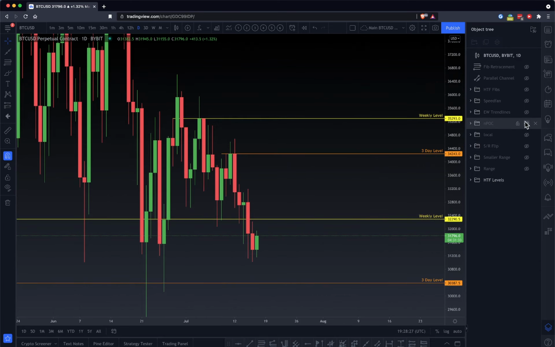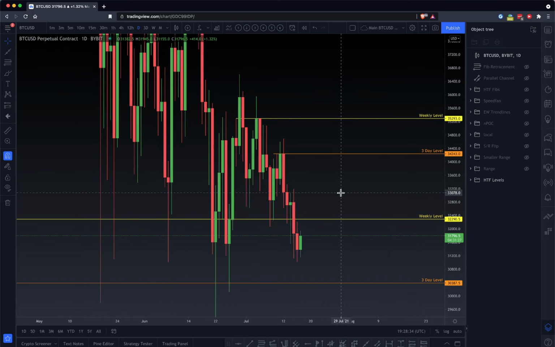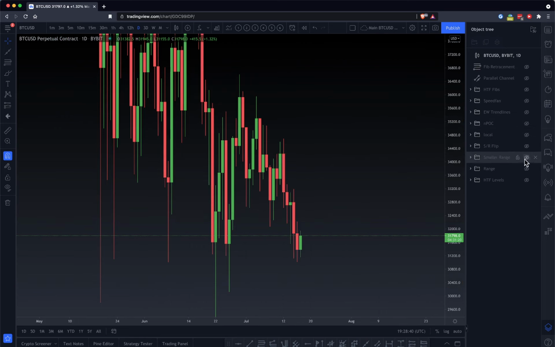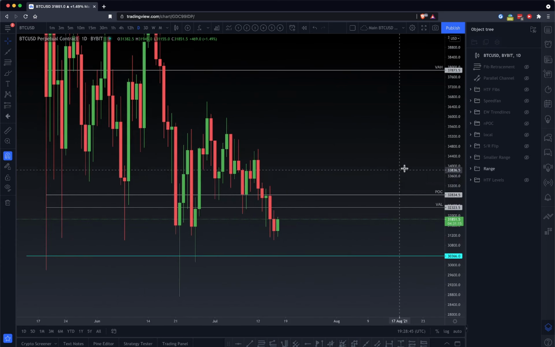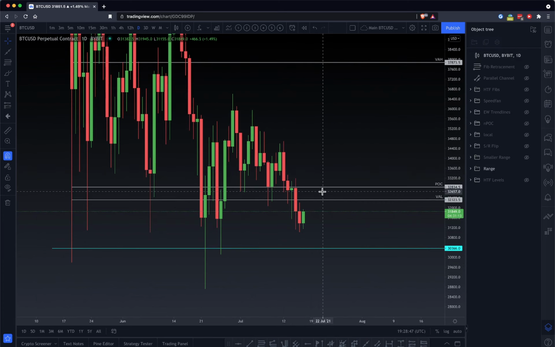You even have your point of control, because the point of control came down. So if we reclaim that point of control, around 32k, basically that's a very big indication that we claimed a very big level, but still you can use those for smaller time frame shorts.